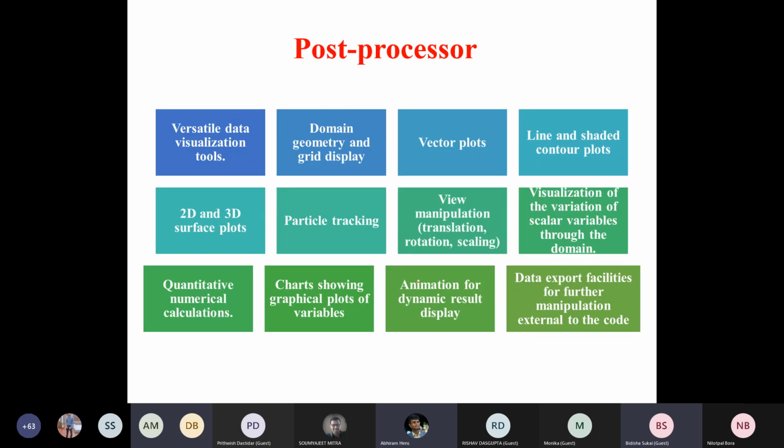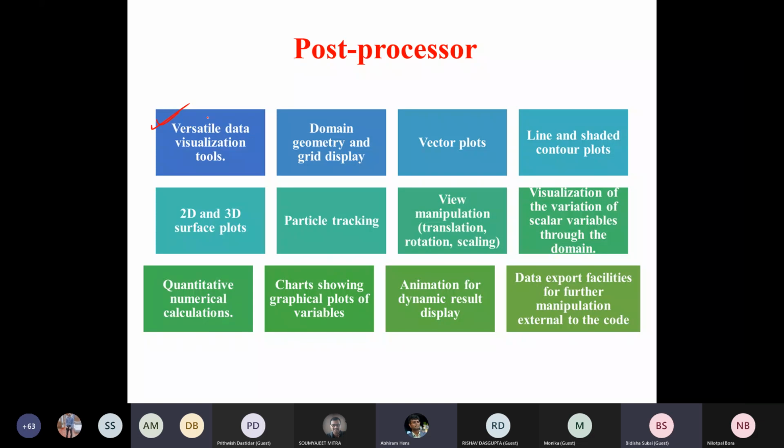This is all about the solver, and now comes the post-processing part. Post-processing means once you get the results, you need to see them. You have a lot of versatile data visualization tools.